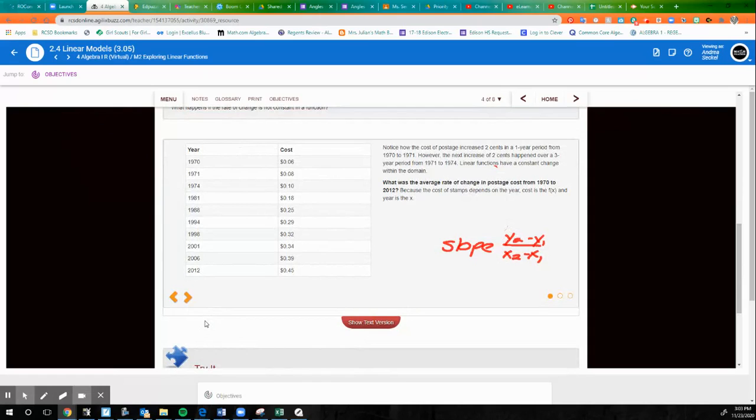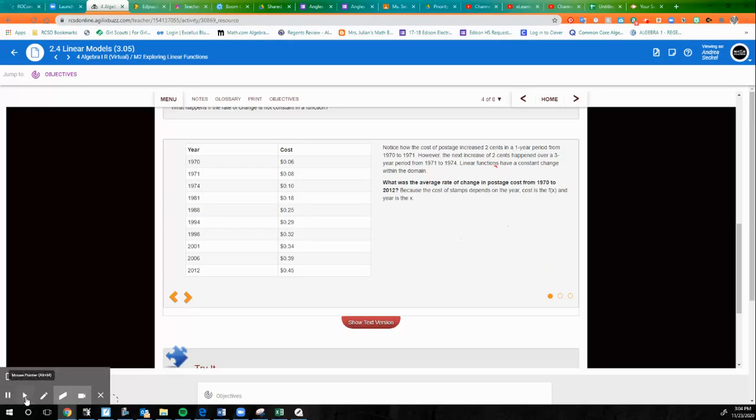Okay, so when they give you a data chart, they're going to say rate of change instead of slope because it doesn't always go exactly. So your years are your x's, your costs are your y's. You want your very first one to be x1 and your very last one to be x2. You want your very first y to be y1 and your very last one to be y2. Okay, it's important that you do that top to bottom. Don't mess around with the ones in between.